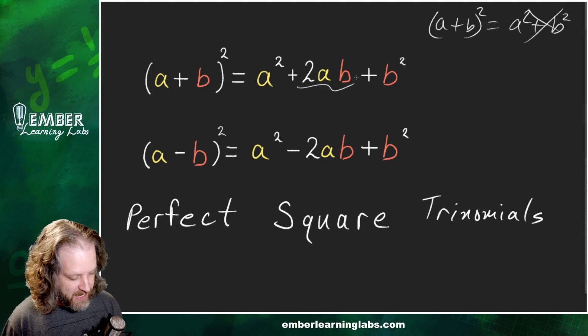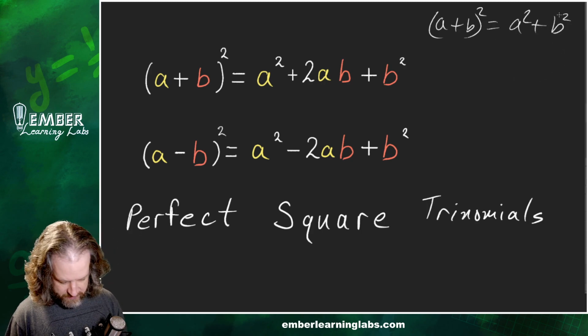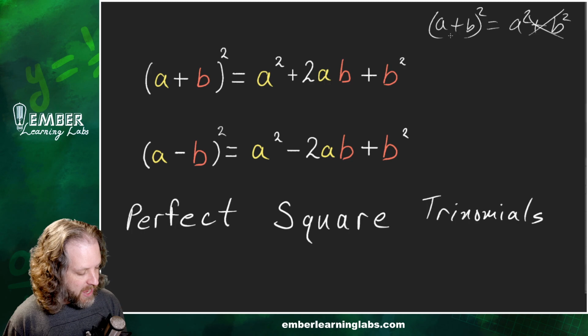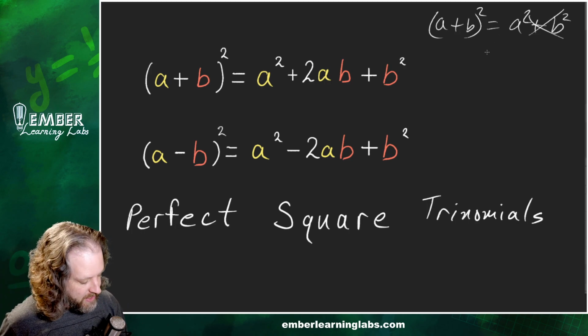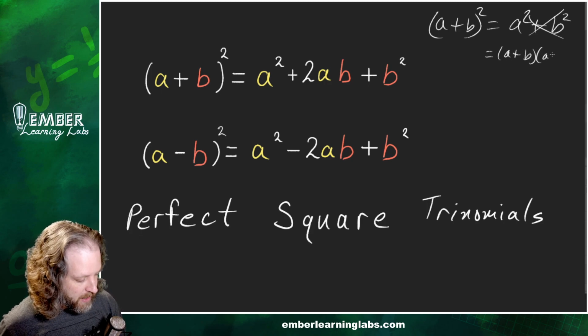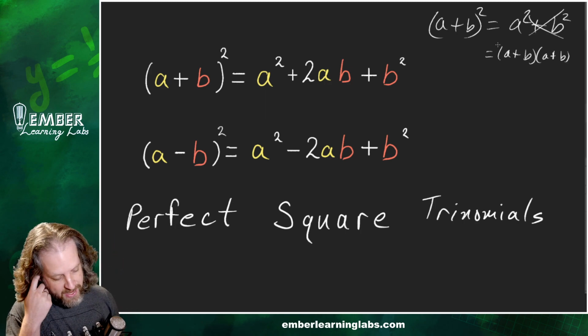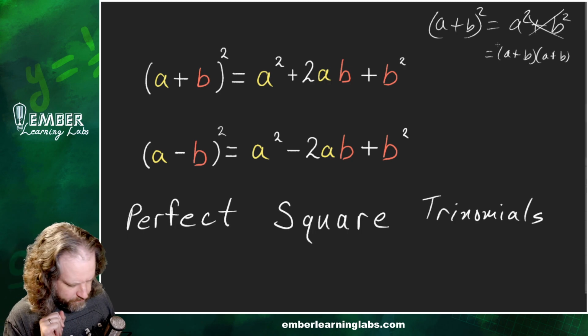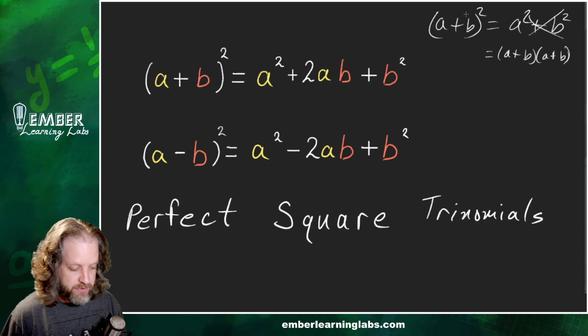It's missing an entire term, because (a plus b) squared is the same as (a plus b) times (a plus b), so we've actually got to distribute it out. That's why you can't just distribute the squared.